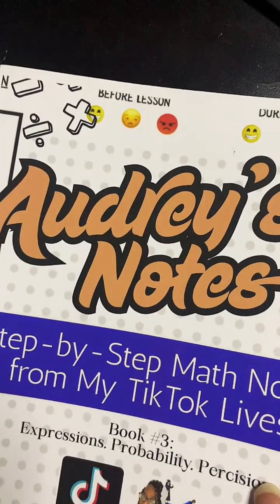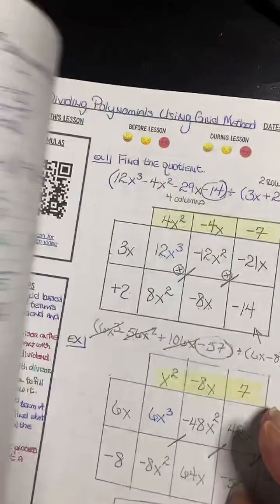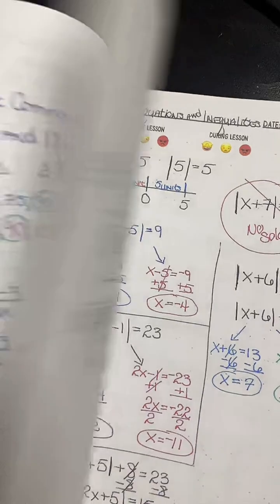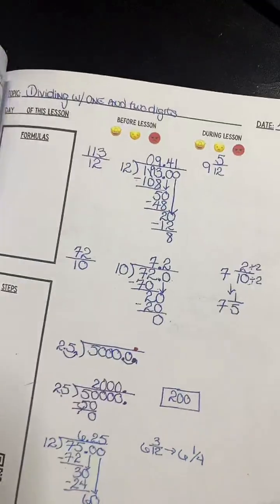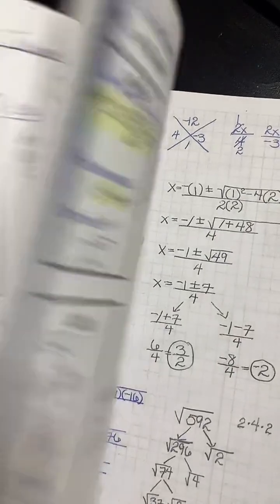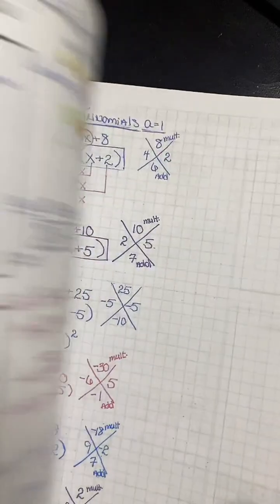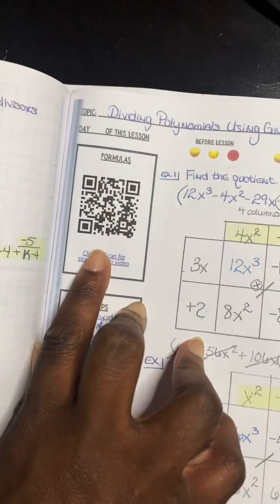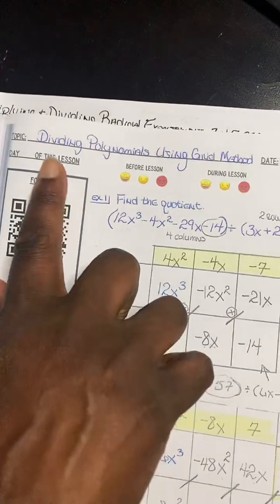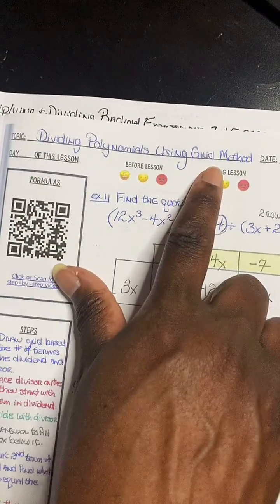It's called Audrey's Notes. So what I did is I took all of my notes that I've done on TikTok since February the 2nd, and I made them into mini activities. So if you notice, especially with the later ones, this one we have a QR code. This one dealt with dividing polynomials using the grid method.